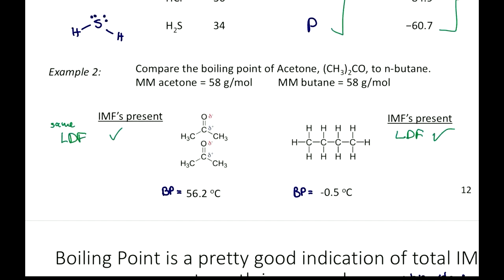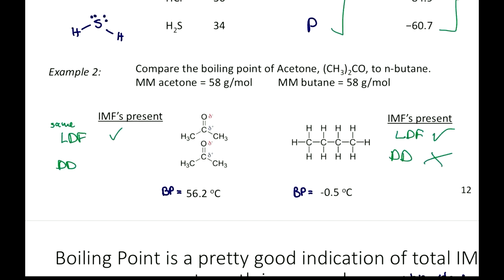But now let's consider the next intermolecular force that we're discussing here. Does butane exhibit dipole-dipole? No, it doesn't. Everything is a non-polar bond. We have carbons attached to carbons, carbons attached to hydrogens. Those are all non-polar covalent bonds. Butane is a non-polar compound.